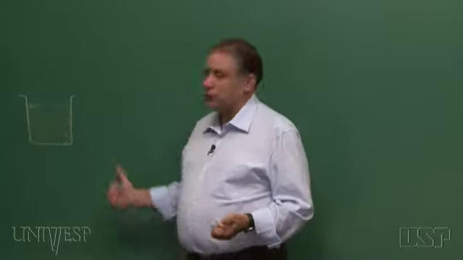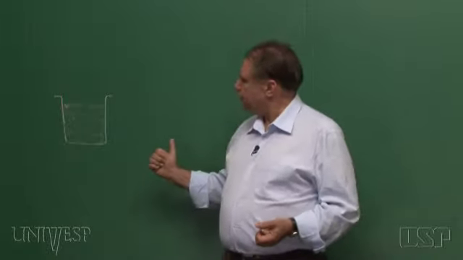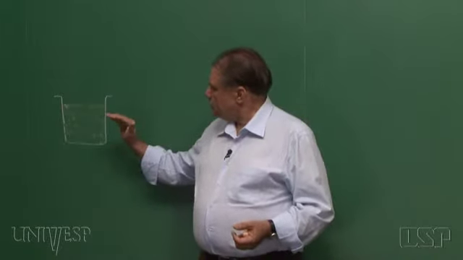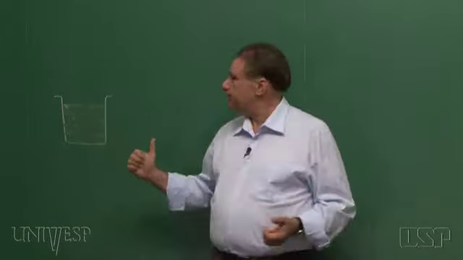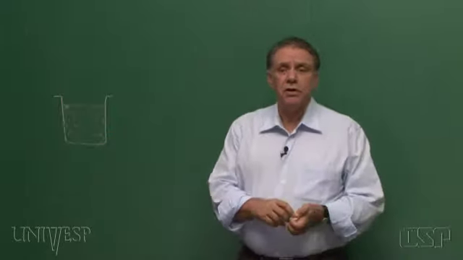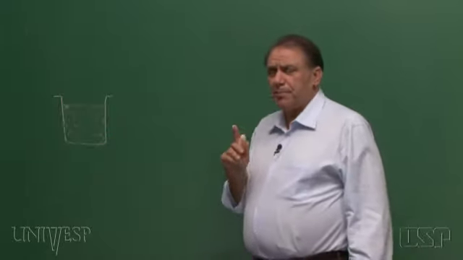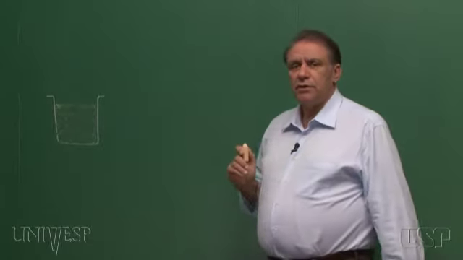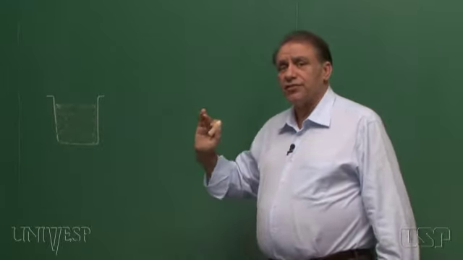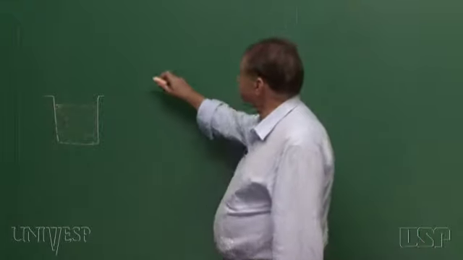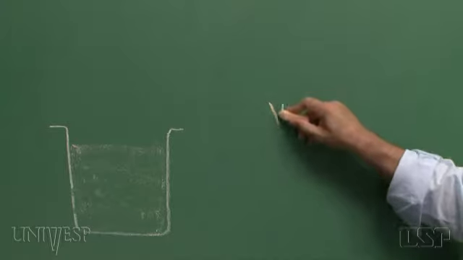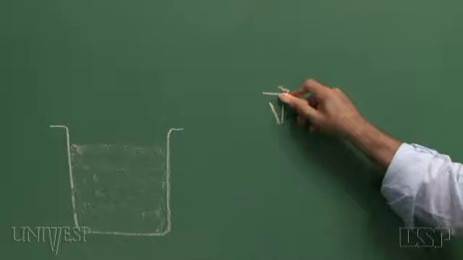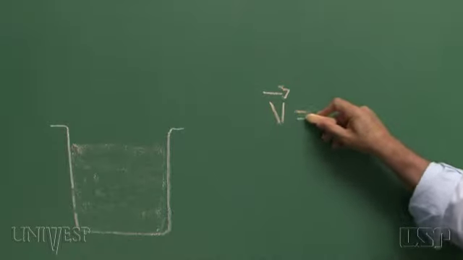So this is a simple situation, right? A fluid, water, for example, at rest. Now the first equation we need to write in the case of hydrostatics is this, v equals 0.